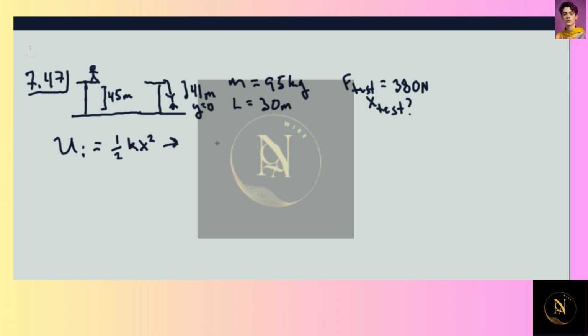So putting things in here, we have mgh, where h is our 41 meters, equals 1/2 kx squared. x will be 11 meters because the resting length is 30, and you need to go another 11 to get to this position.